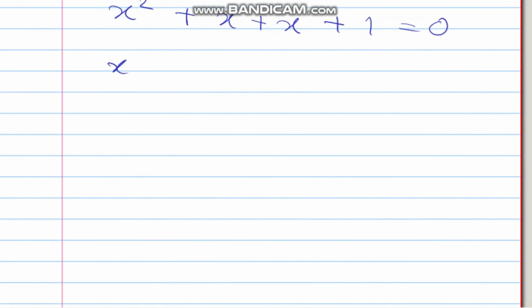Now just simplify this. x equals plus 7, since minus multiplied by minus is plus, plus or minus the square root of 49, since minus 7 square is 49, minus 4 multiplied by 2 is 8, and 8 multiplied by 4 is 64, all divided by 4. Now 49 minus 64 is what?